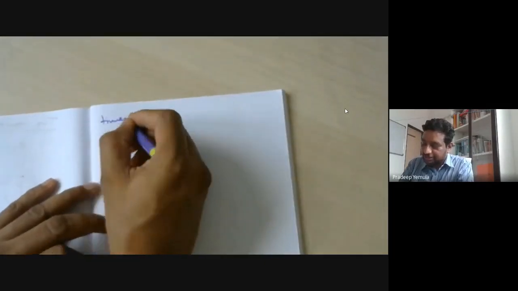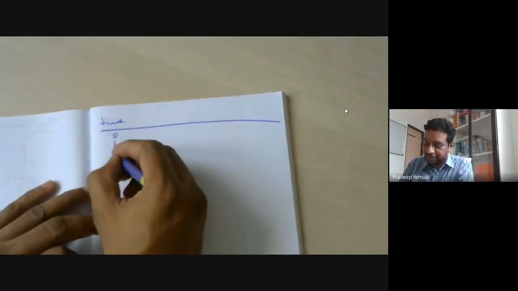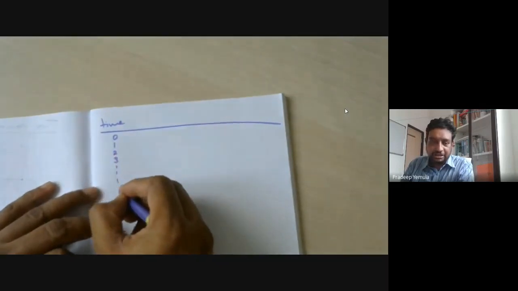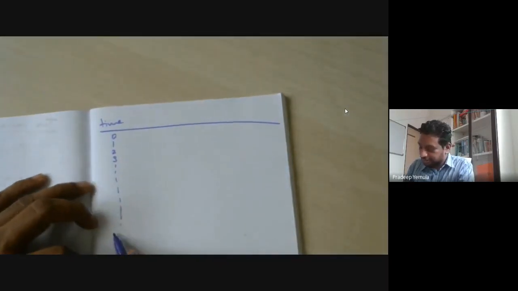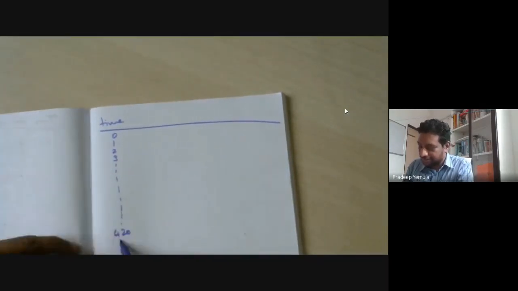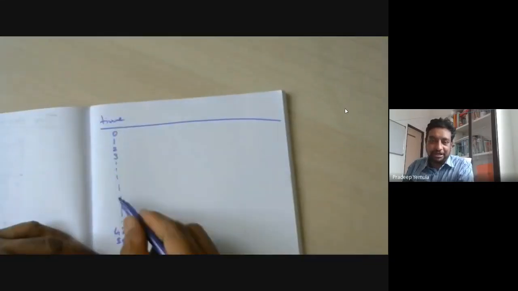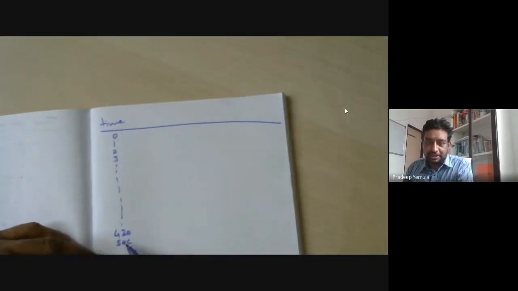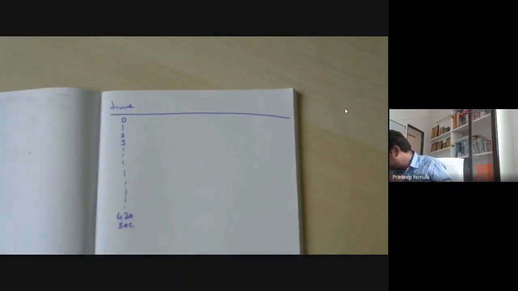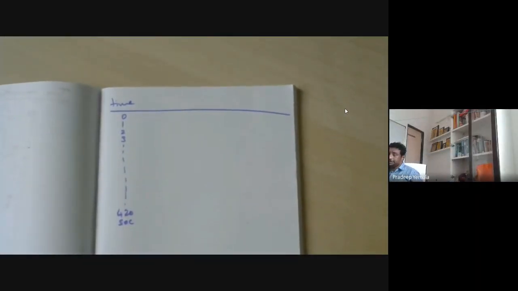So what I will do is start like this. I'll say time. Here time step I will take 1 second. So 0, 1, 2, 3 like this all the way up to maybe 420 seconds, so 7 minutes. Time step I am taking 1 second. And what I can do is the formulas like this.